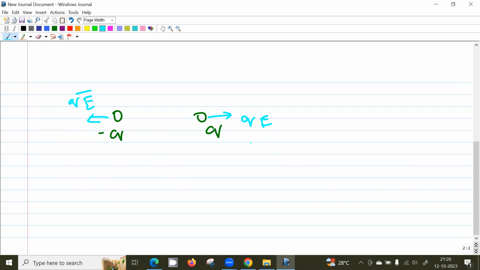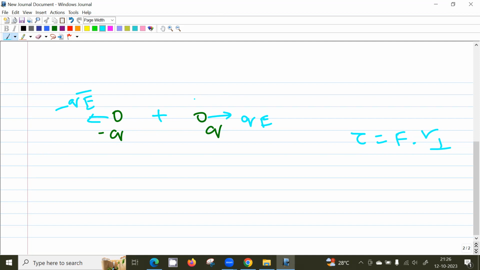And this will not produce any torque, because torque is force times the perpendicular distance. Here this is the axis about which it's going to rotate. The perpendicular distance of this force from this axis is 0.